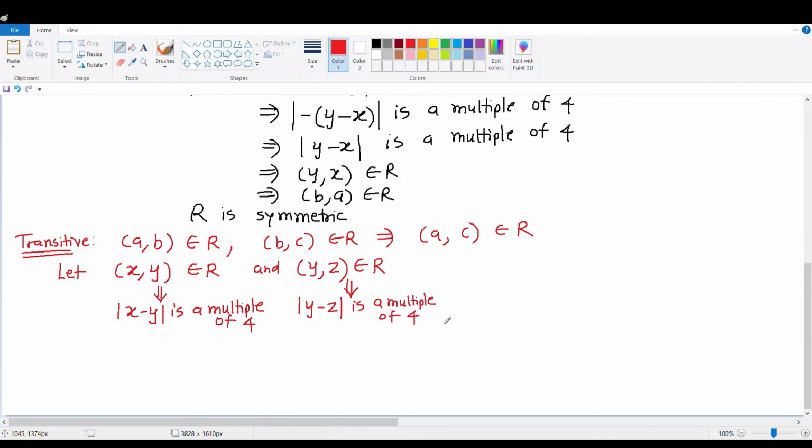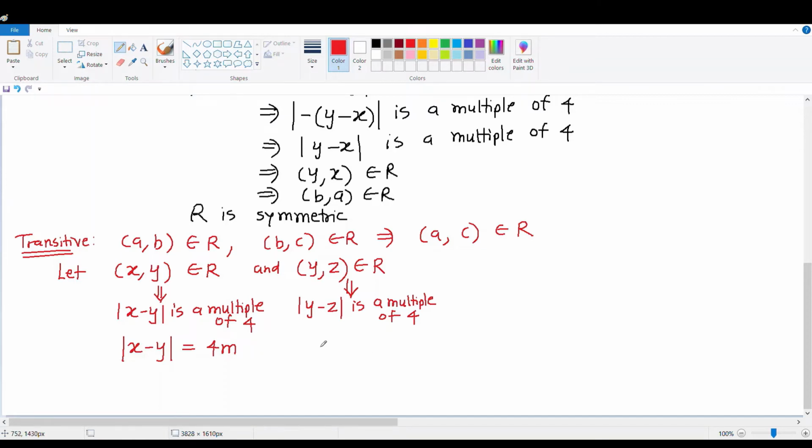Multiple of 4. Now, since mod of x minus y is a multiple of 4, I can rewrite that like this, so it's a little less confusing for you. Mod of x minus y is equal to 4 times, let's say, constant m.